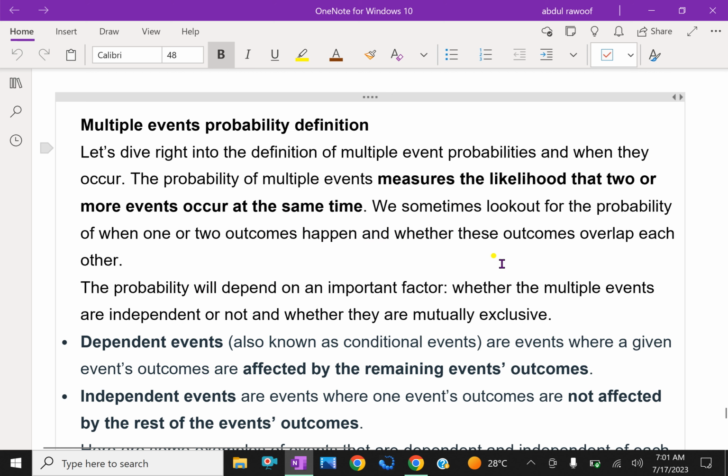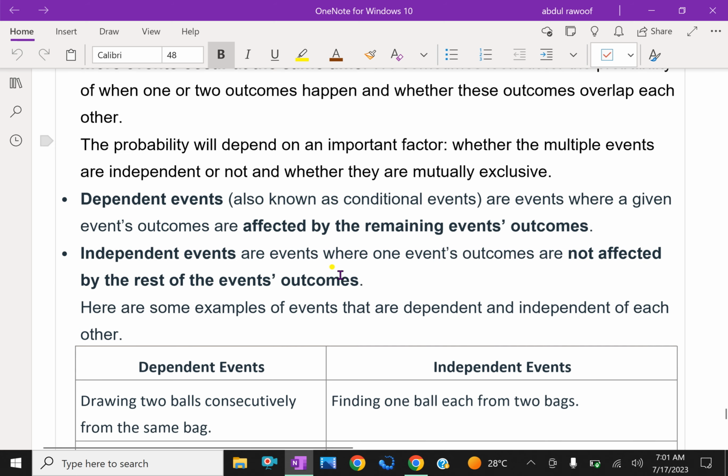We sometimes look at the probability of when one or two outcomes happen and whether these outcomes overlap each other. The probability will depend on an important factor: whether the multiple events are independent or not, and whether they are mutually exclusive.